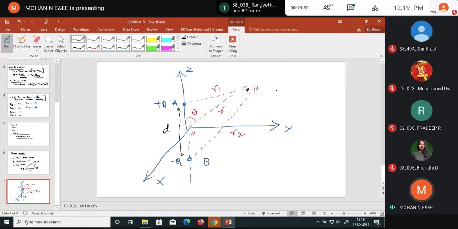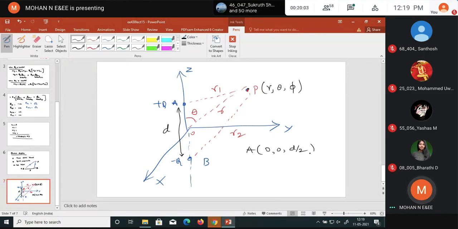The coordinates of the point P are assumed to be specified in spherical coordinates. Now the coordinates of A are 0, 0, d by 2, and the coordinates of B are 0, 0, minus d by 2.